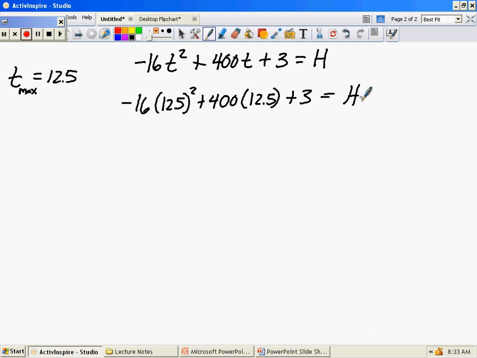All right, so from here, you're just going to follow through the order of operations as we always have. Which one do I do first? Squared. You do the square, so 12.5 squared. We're getting 156.3.